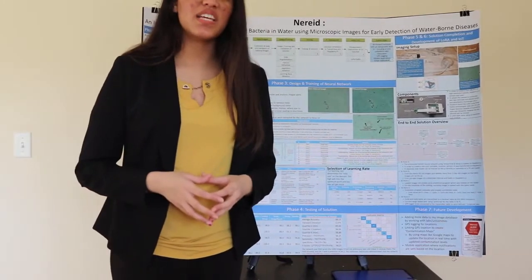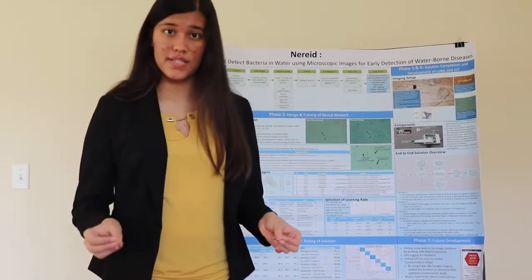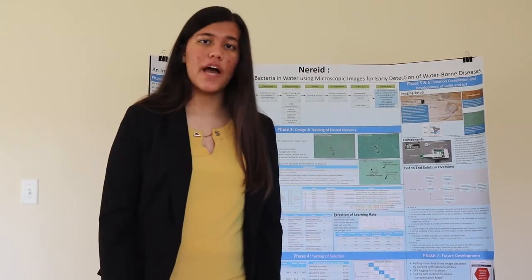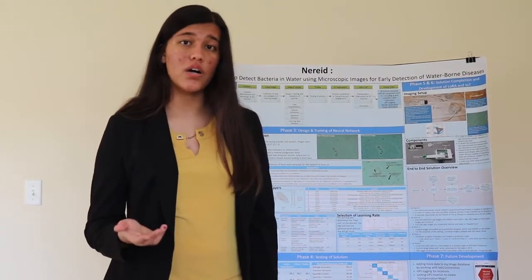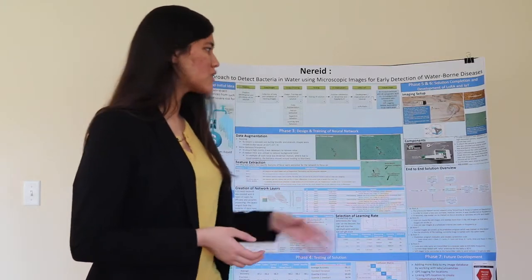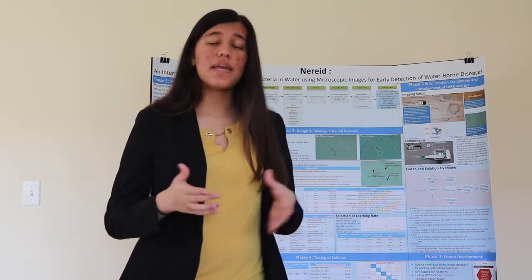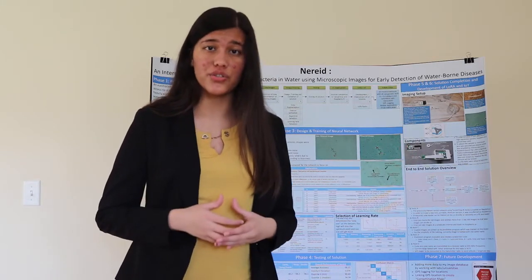To do this, I needed a technology that would be able to transfer data over long distances. After research, I found out about the LoRa, or long-range radio methods. This method is able to transfer small amounts of data over large distances, meaning I could utilize it for my neural network and Nereid's program.